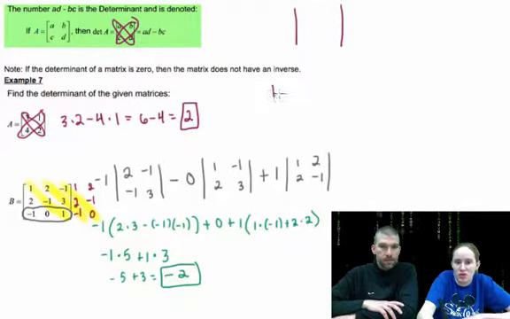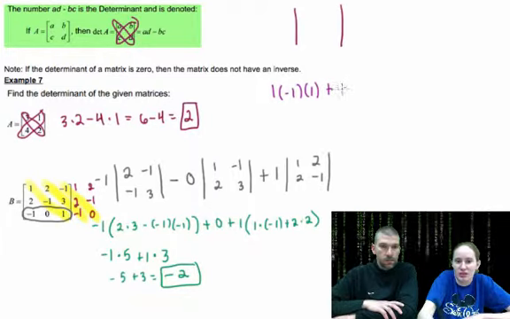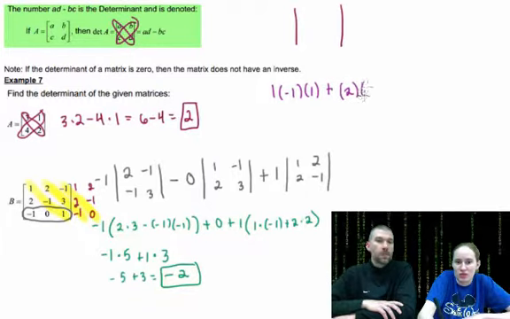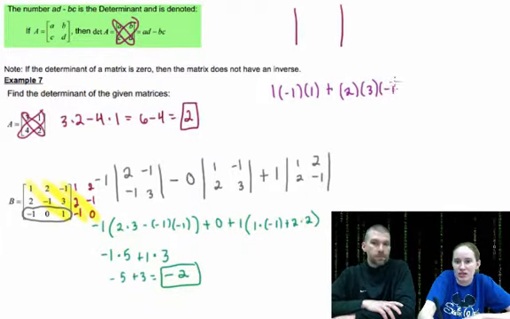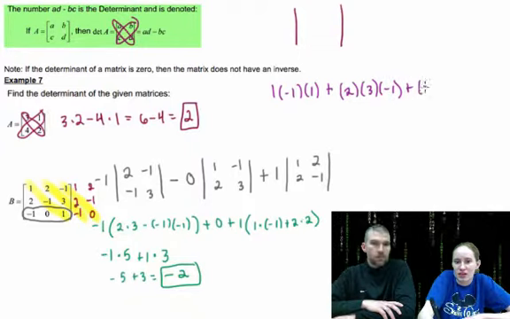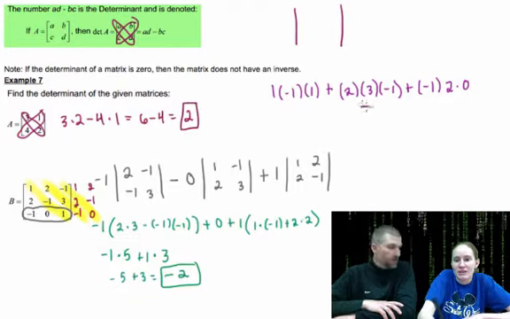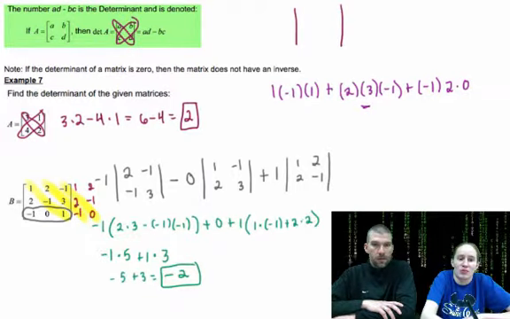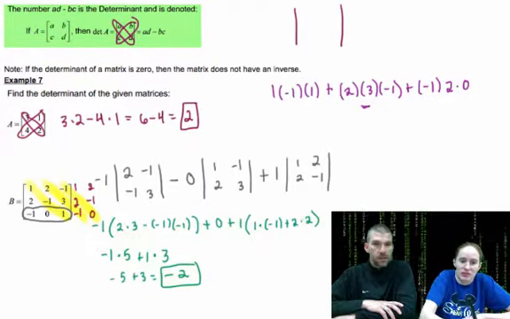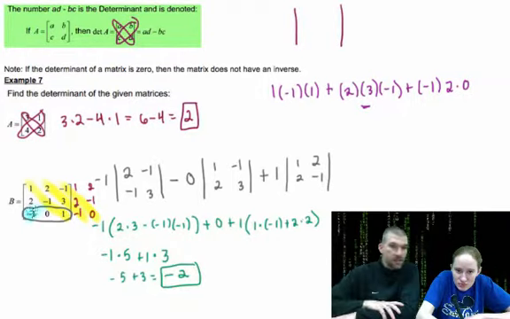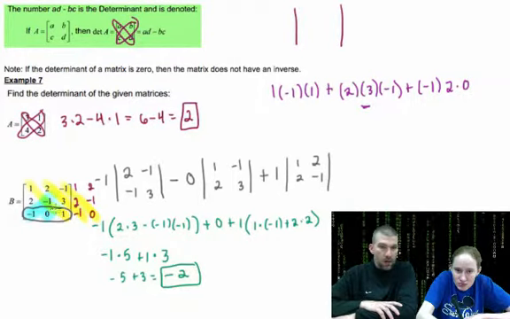So you would do 1 times -1 times 1 plus 2 times 3 times -1 plus -1 times 2 times 0. We love zeros. Then you're going to subtract the ones going the other direction. So all of that minus the next row here.